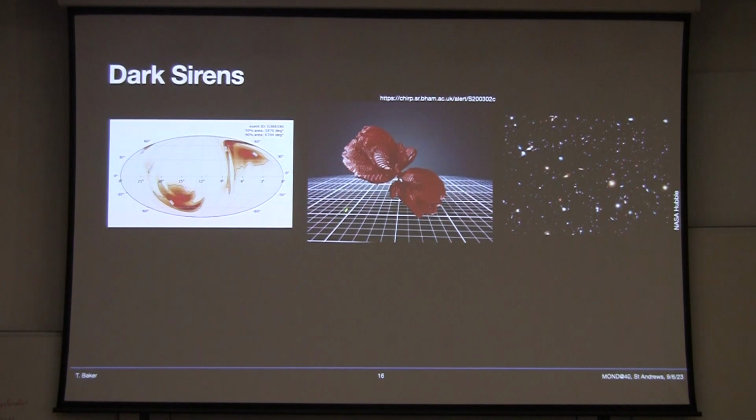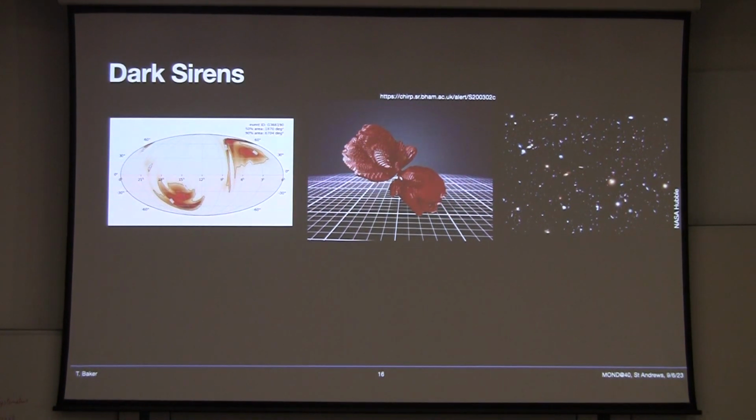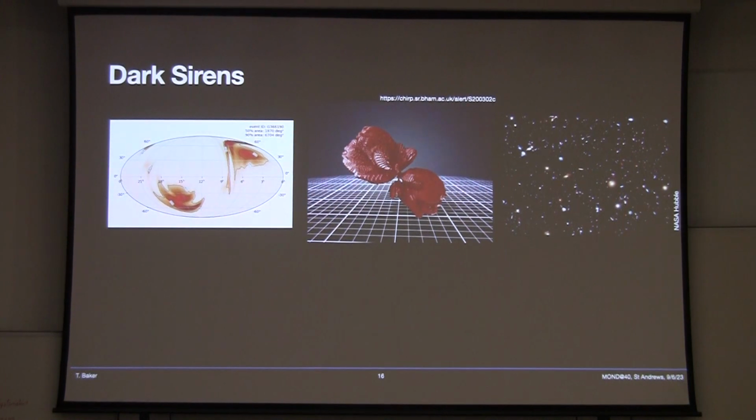So we can project this into 3D. That's what's happening here. You have to imagine the Earth is at the center there, and these red lobes are marking out the localization volumes, the volumes of space where we think the source of the gravitational wave is. And of course we can go look at those volumes of space with a telescope, and what we'll see are thousands of host galaxies. Now if we're lucky, somebody has come along and done a galaxy redshift survey for us.